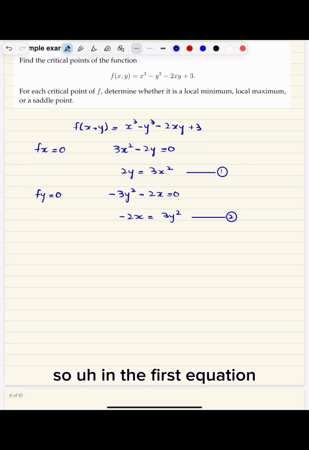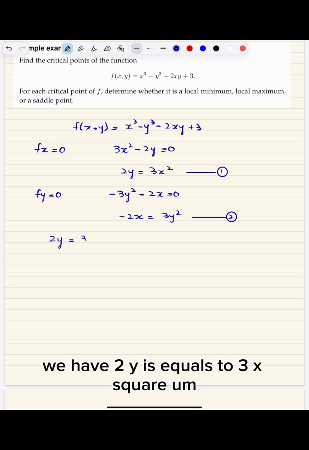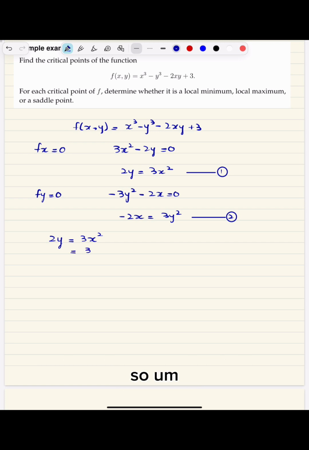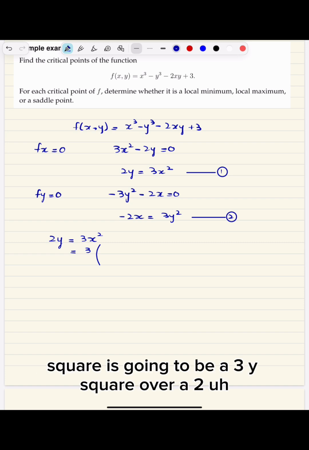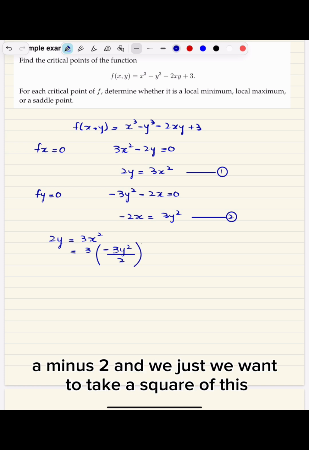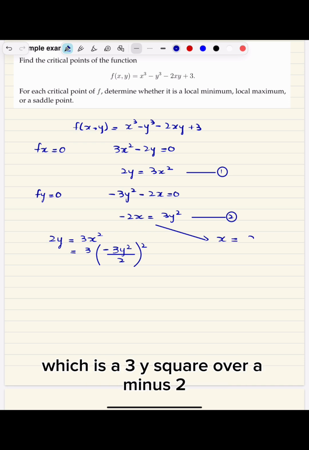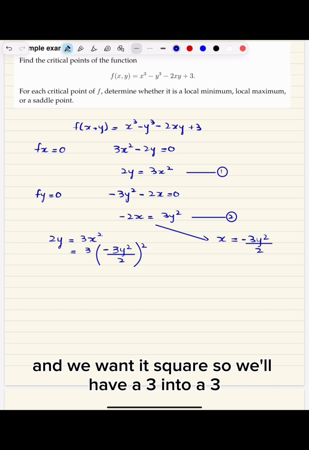In the first equation we have 2y equals 3x square. From equation 2 we can plug in the value. From 2 we know that x is 3y square over minus 2, and we want to take its square.